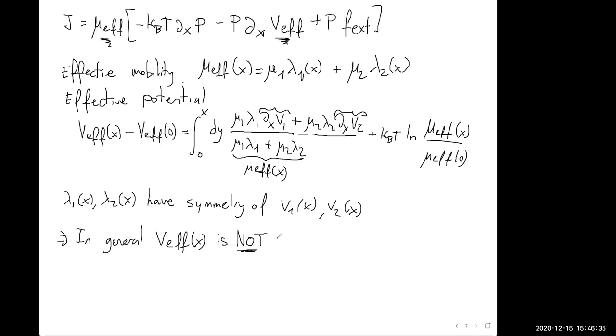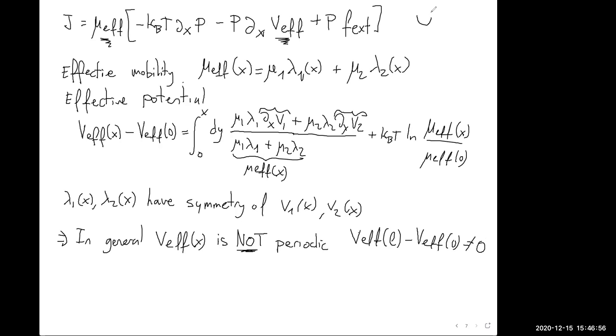Very important, this is not periodic. So there is a slope. If you calculate VFL minus VF0, this is not zero in general. It is not periodic.